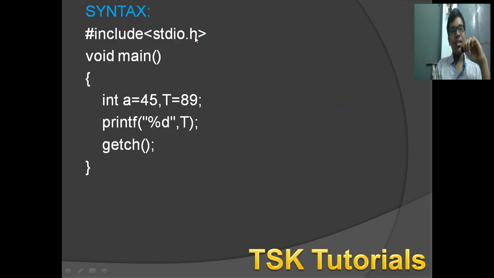Now the syntax, it's a common syntax. This is the header file, this is the main part. Now I have assigned the variable int a, and the identifier is a. To store the value 45, the identifier is a and the data type is int. Int a is totally the variable.